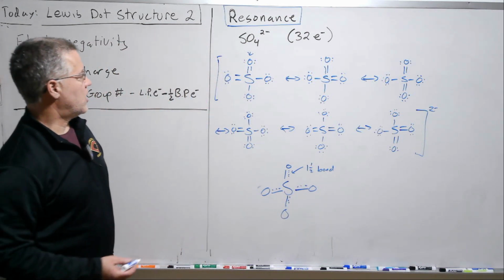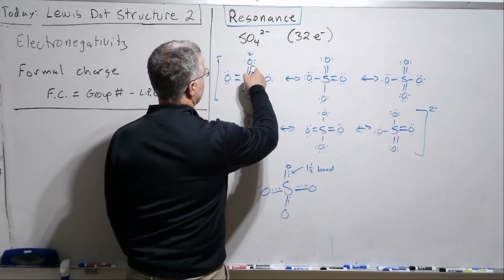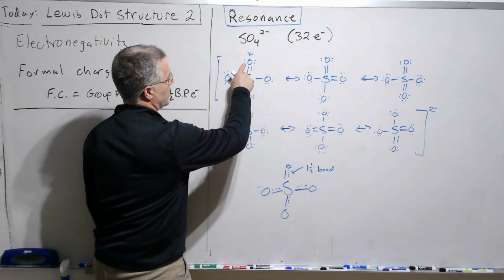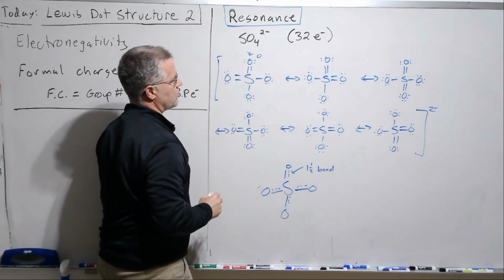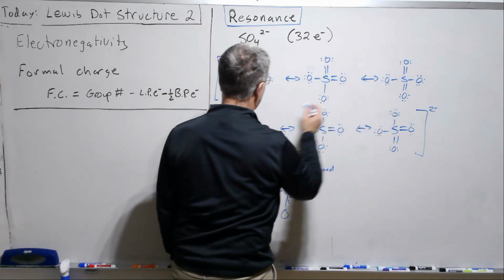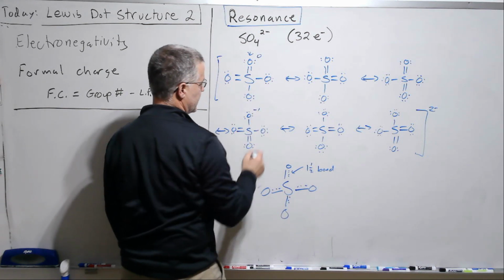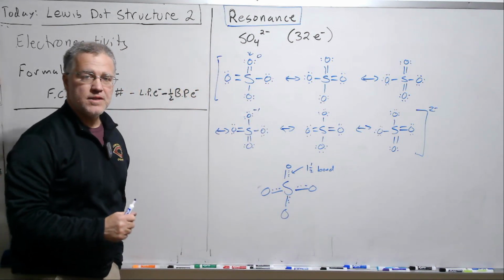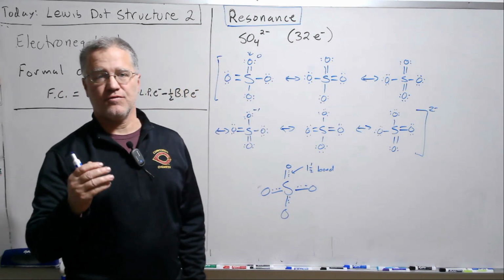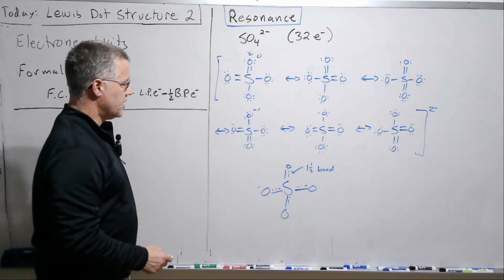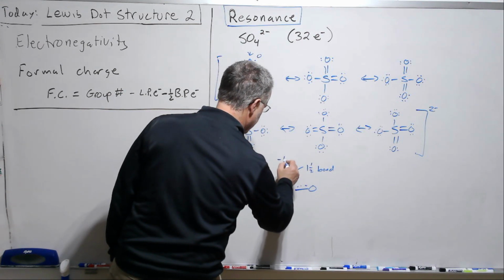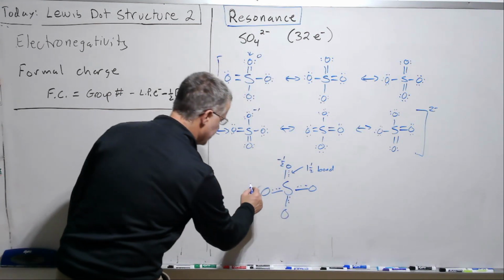Okay, well, let's do formal charge. So here, formal charge is 6 minus 2, 4, 6. So a formal charge of 0 there. And that would be the same here. But here we have a formal charge of -1, the same here. So half of the time it's a formal charge of 0, and half of the time it's a formal charge of -1. So this is a formal charge of -1/2. And same everywhere.